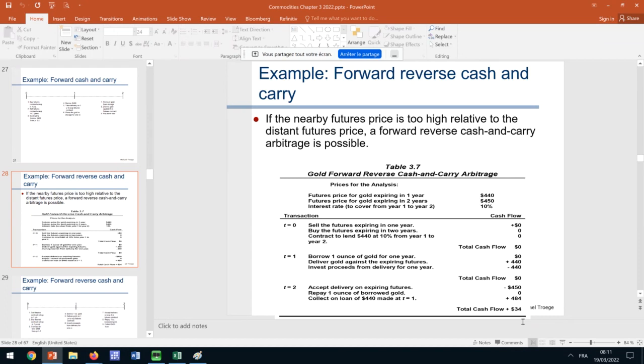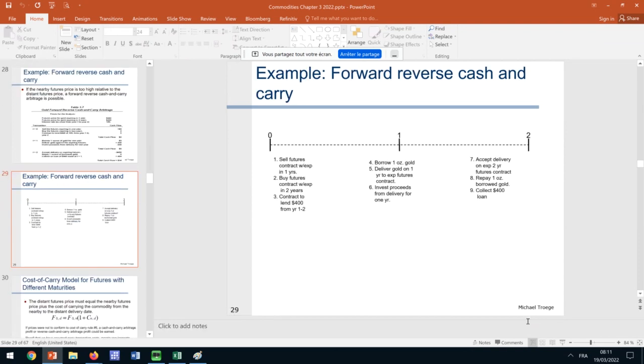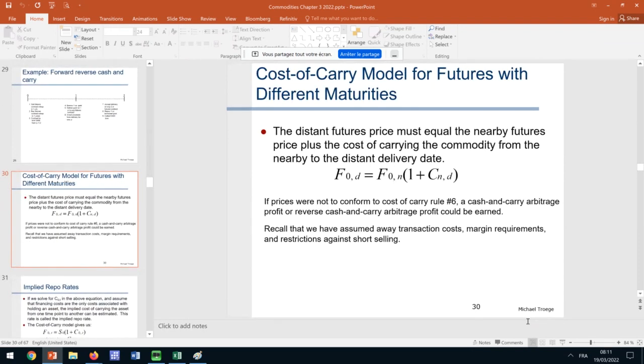But for cattle or for commodities that are in short supply, it's probably not going to work, because you need the commodity in the same way as for a reverse cash and carry strategy. You need to have the commodity and you need to sell it. Here you need the commodity in the future. Either you have it or, as in this example, you borrow it, but otherwise this operation doesn't work.